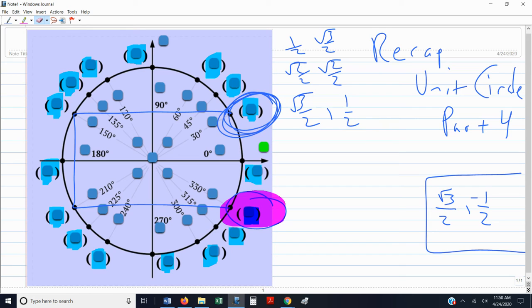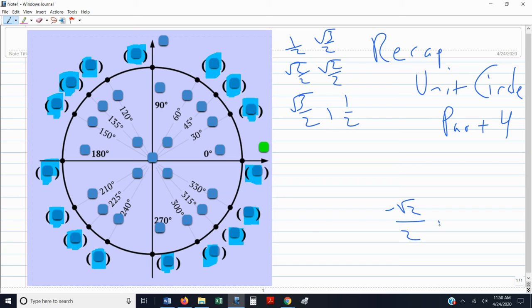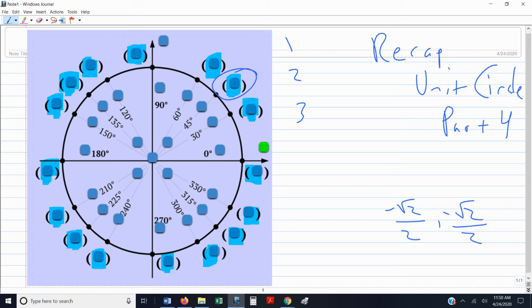Okay, so it's a lot of thought that goes behind each one, but hopefully it's going to get pretty quick, and it's going to be really helpful for you to be able to be quick with it like that. So let's do negative root 2 over 2 and negative root 2 over 2. Again, if you can visualize instead of writing down the 1, 2, 3 trick, I think right there you know that the root 2 over 2 is that coordinate, right? Because you have the 1, 2, 3.